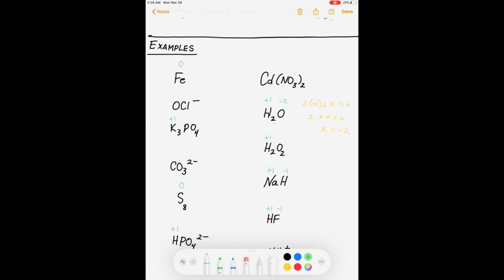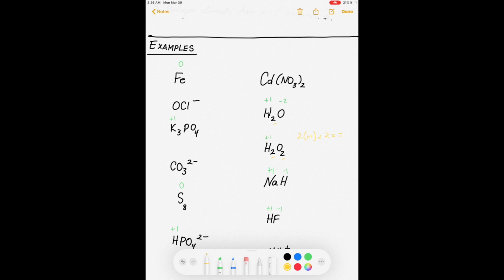This, by the way, is how we use rule 1. We can do this again. Let's do the same thing, but this time for hydrogen peroxide, which is H2O2. So again, I'm going to take this little 2 here, and we have to make sure we account for those. So 2 times +1, so I've got to take that hydrogen's oxidation number plus 2 times whatever oxygen is.